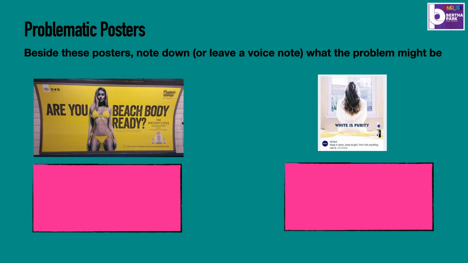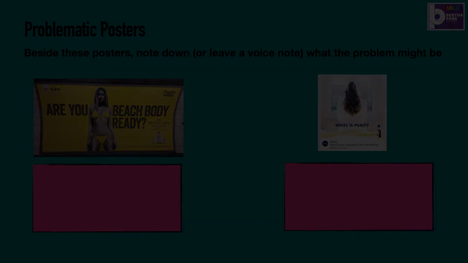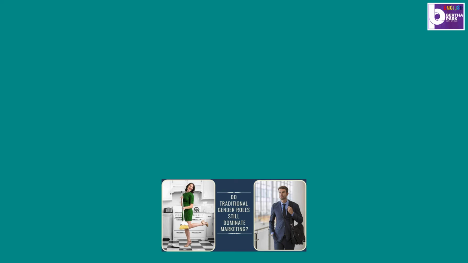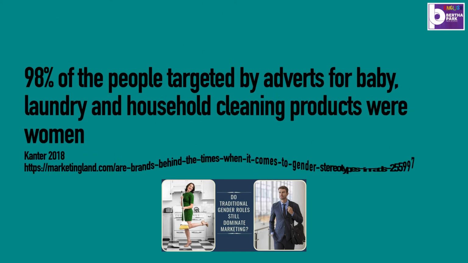And here's something to think about, and it might be something that we talk about when we do some group discussions. According to a company called Kantar, this was in 2018, they did some research into gender roles in marketing, and they found that 98% of people targeted for adverts for baby, laundry and household cleaning products were women.